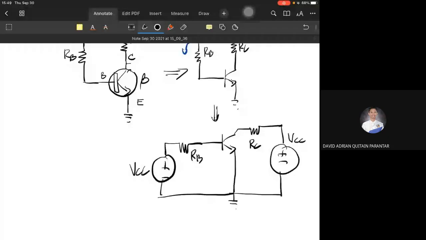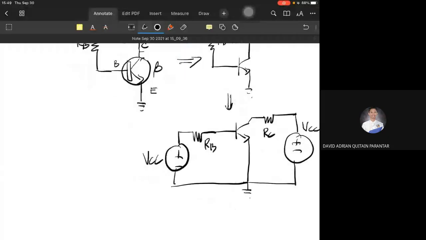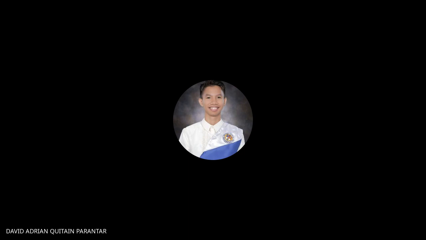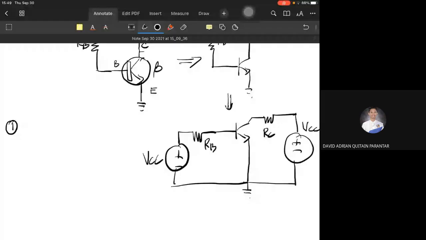Before we go deep into our analysis, remember the four relationships of parameters, the variables for transistors, pointed out last meeting.